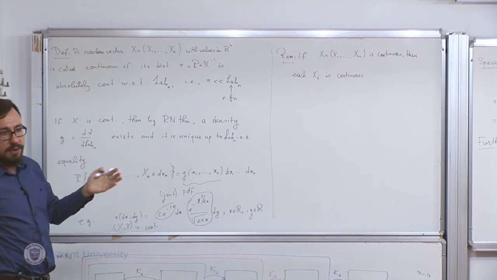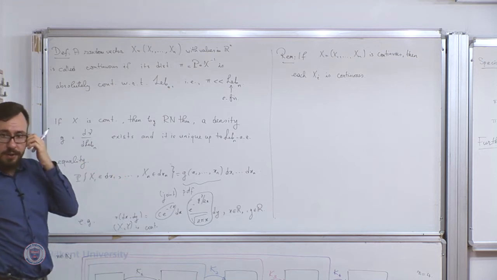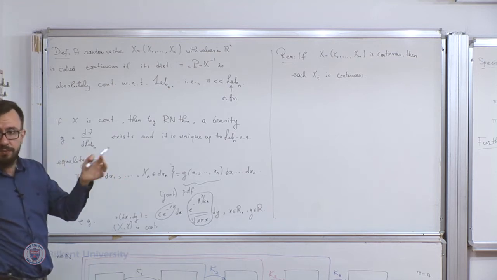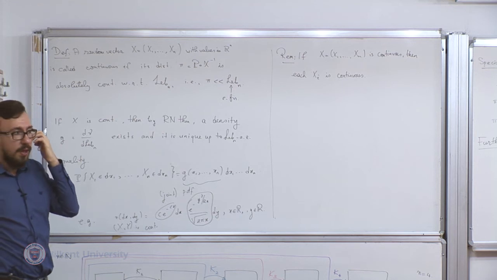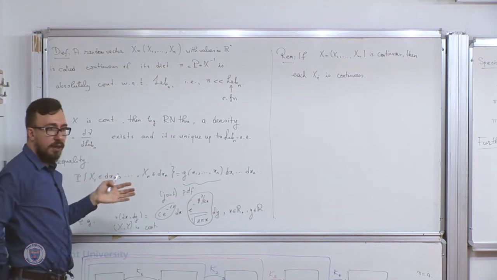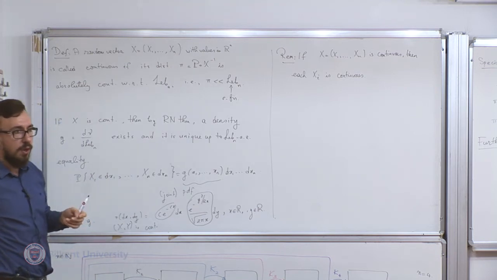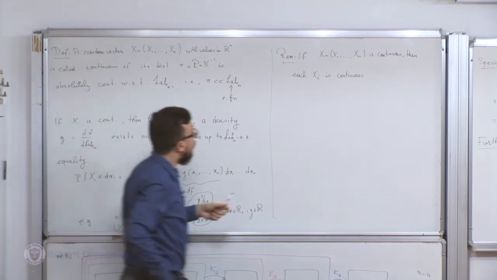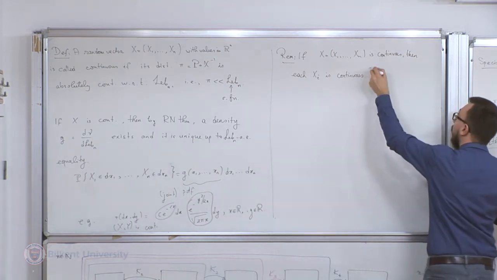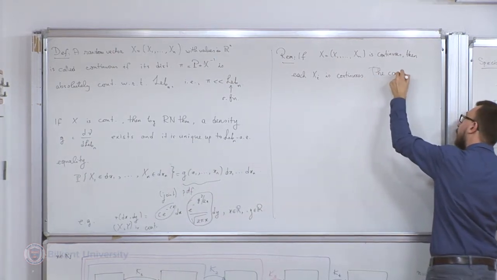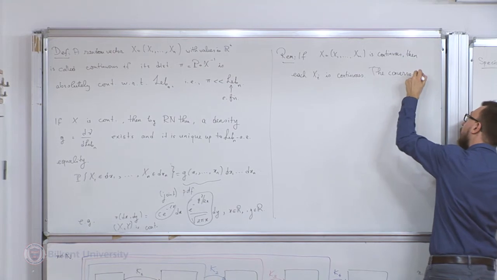So if you have a joint PDF, you just integrate it with respect to the second variable to get the distribution of the first component. So if you have a jointly continuous vector, the individual components are also continuous. But not the other way around. The converse is not true in general.